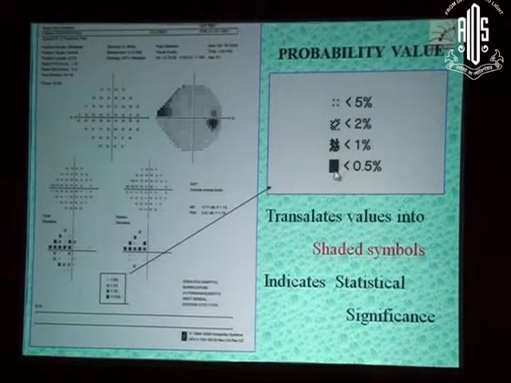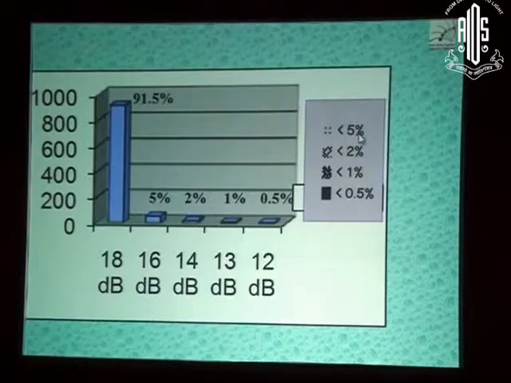But if the shaded symbol is like this, then you can find out 5 out of 1,000 patients may show this defect. So this is less than 0.5%, which is more significant than less than 5%. You got this? If not, I can give you some idea.